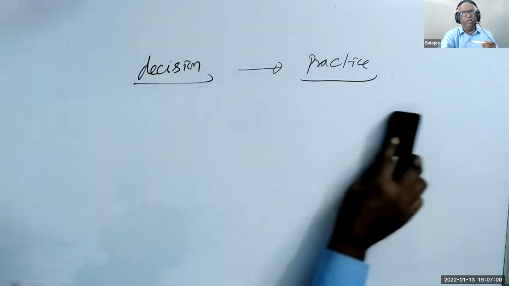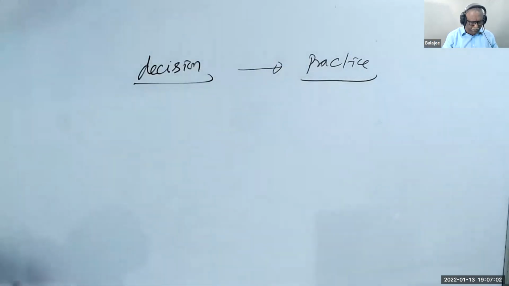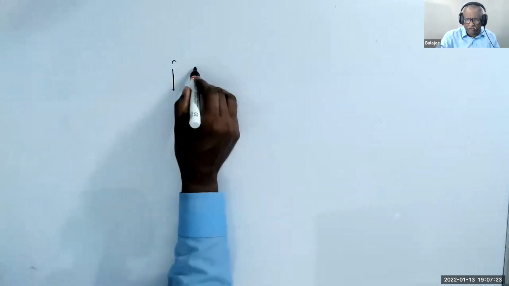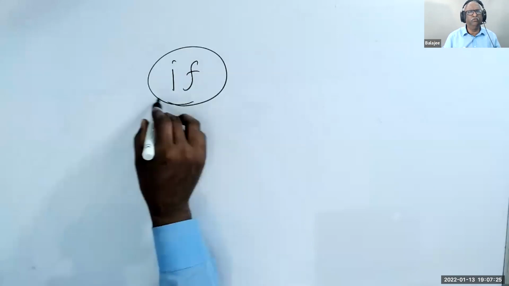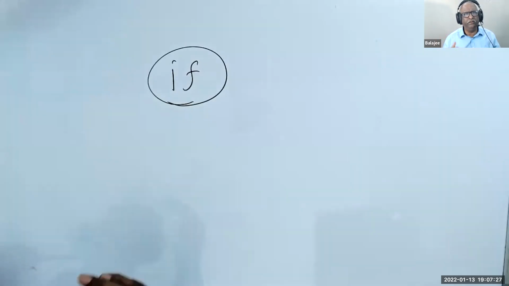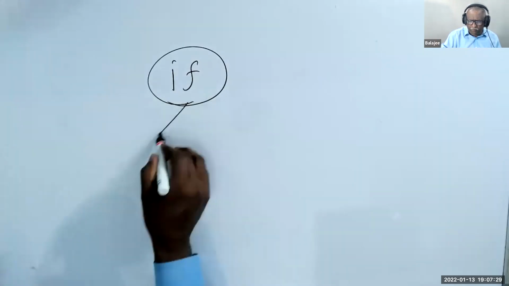The reason I'm making this point is that this is a place where we make the mistake. How do we make the decision? In the last class, we discussed a little bit about how to make a decision. You don't think this is done. If you know this small two-letter word, if you know how to do it, you will become a very good C programmer.